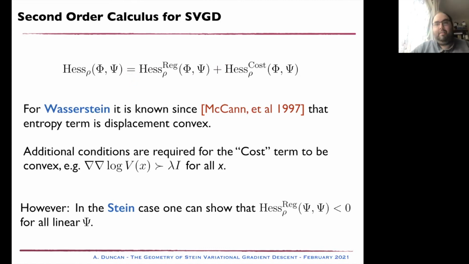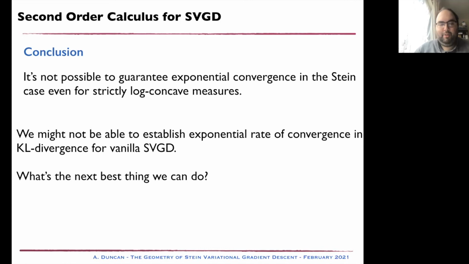And that means you basically cannot guarantee exponential convergence in this sense, even for strictly log-concave measures. That was bad news for us. Based on that, it was not likely that we were going to establish a sensible condition under which you get exponential rate of convergence, at least in the sense of KL divergence.